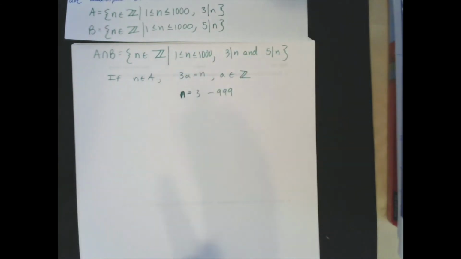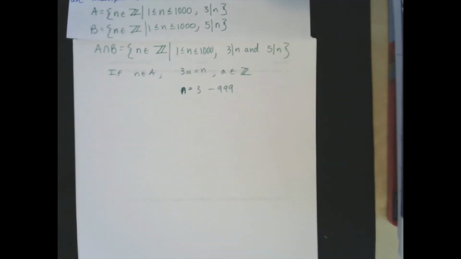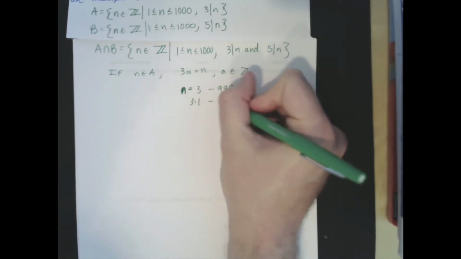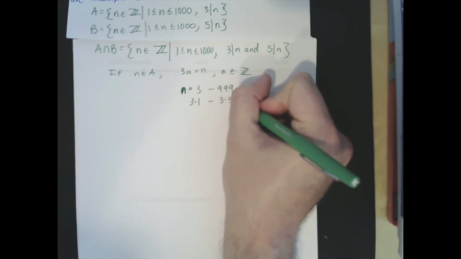So n isn't strictly equal to 3, but it could be any of those things. And just like we did in the previous section, this is 3 times 1 up to 3 times 333.